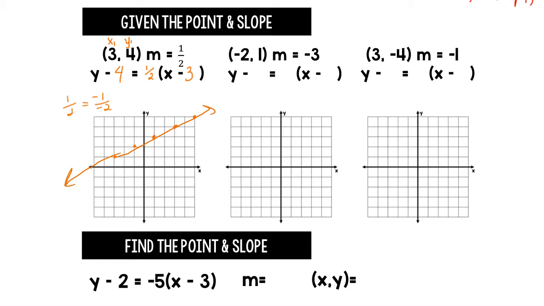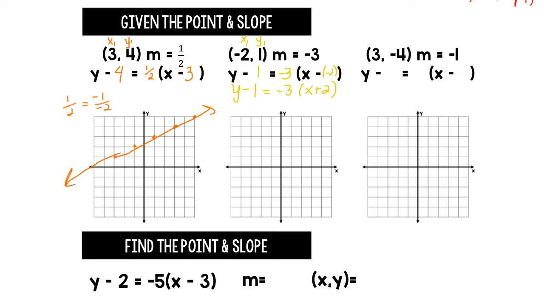We have -2, 1. That's our x1, y1. And m is -3. Well, y minus y1 is 1 equals m, -3, times x minus x1, -2. Well, we hate double negatives, so let's fix that. Y minus 1 is -3 times x plus 2.